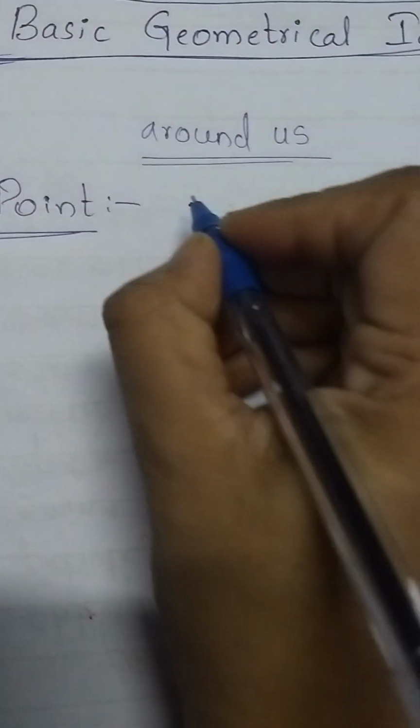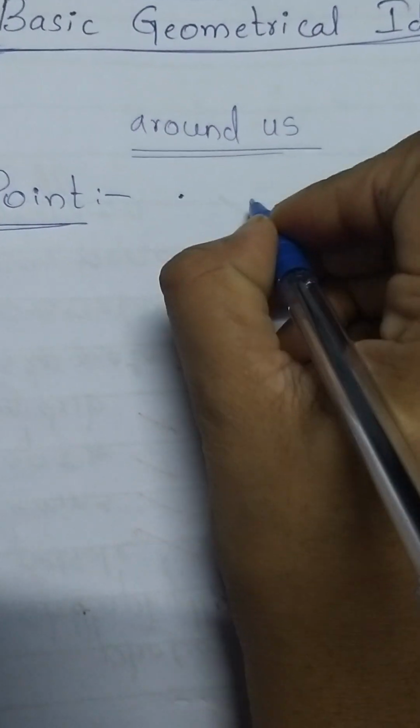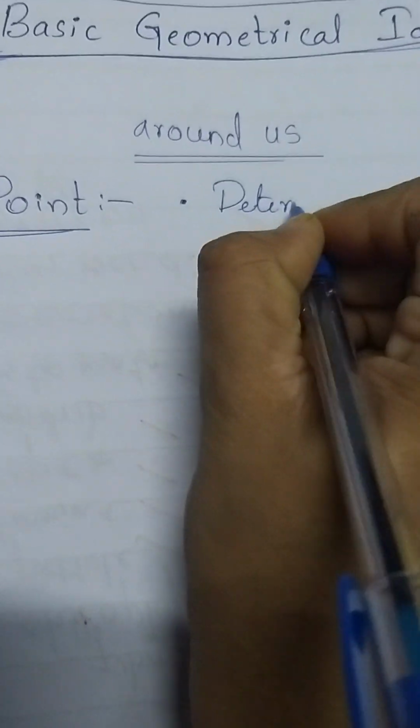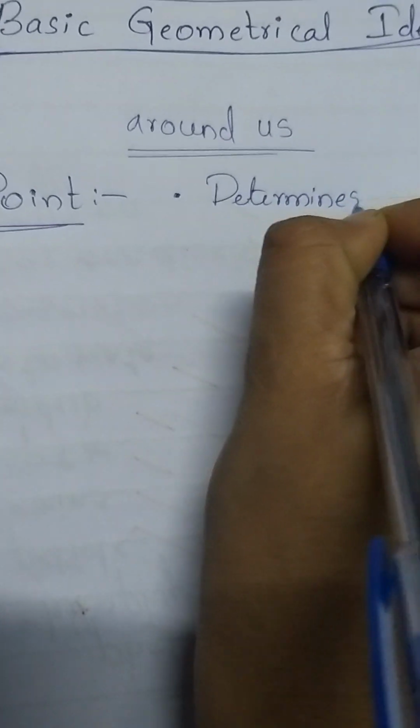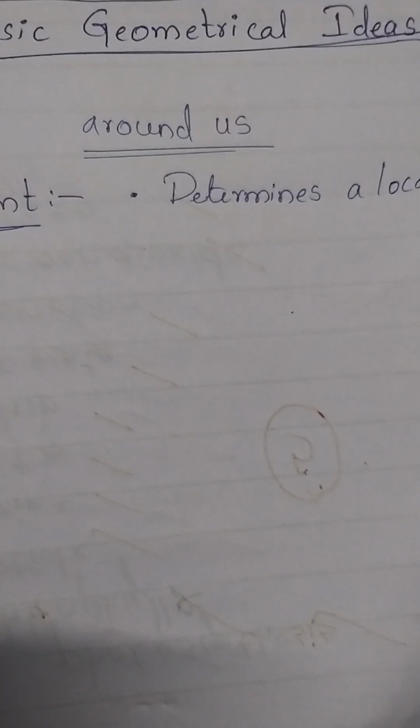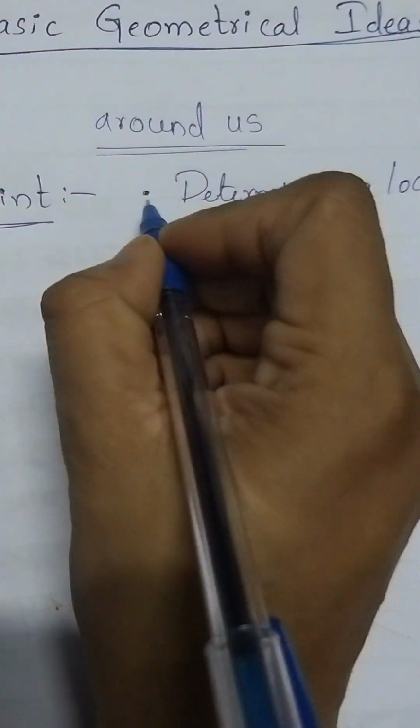We locate a location, or we determine a location. If we denote a point, it determines a location, children. A point determines a location, which looks like a point, a dot.